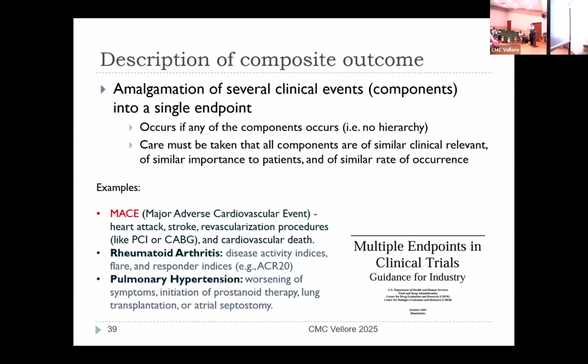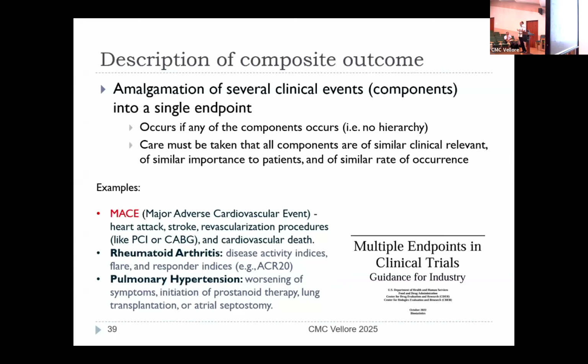Why do people put another event in? Because they will have more events occurring. And as Professor Jayasilan said, the sample size calculation for time to event analysis is driven by how many events you get. So the more events I get, the fewer the sample size I'm going to need. So let's put everything into this composite because then I will have a smaller sample size.